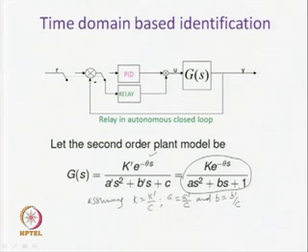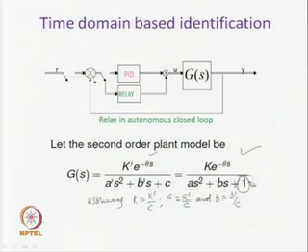Please keep in mind the term in the denominator is 1. So, to obtain a similar type of transfer function model, allow me to assume k, a and b in this form, that enables me to write the transfer function model G(s) = k e^(-θs) / (as² + bs + 1).